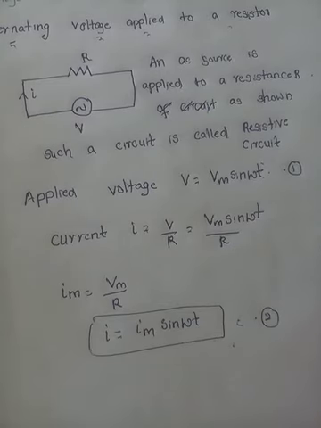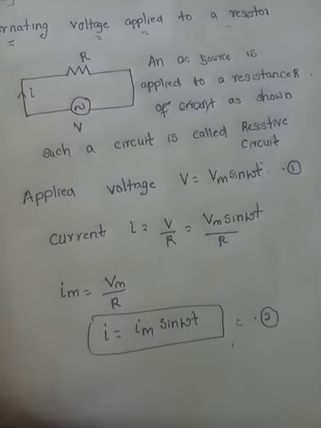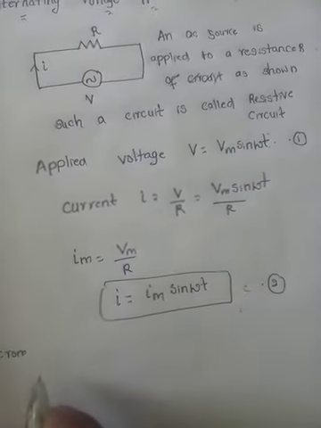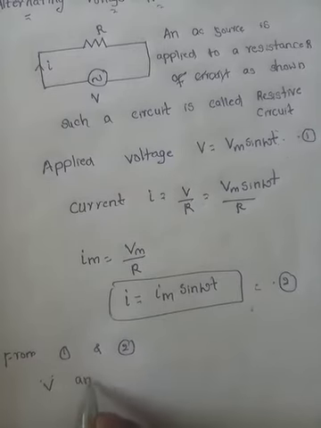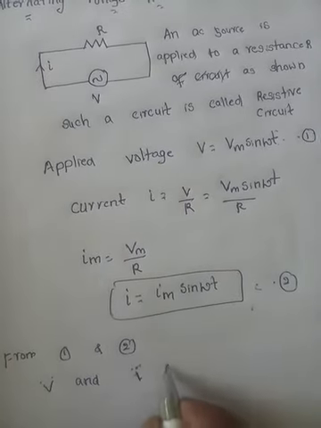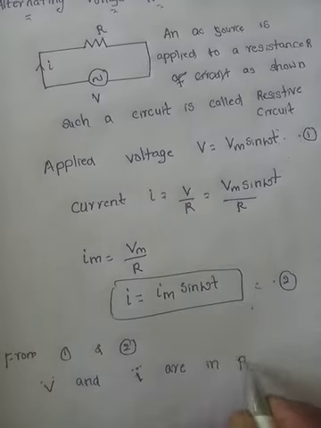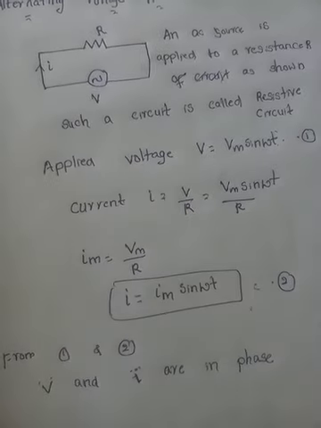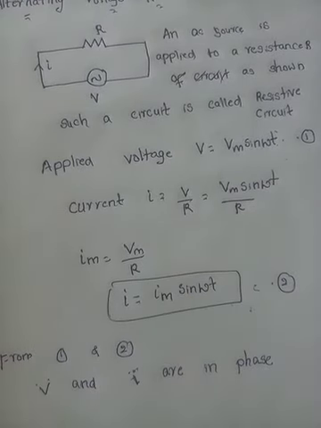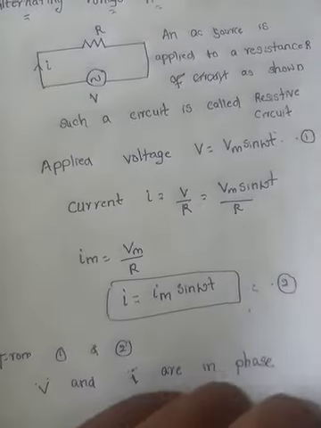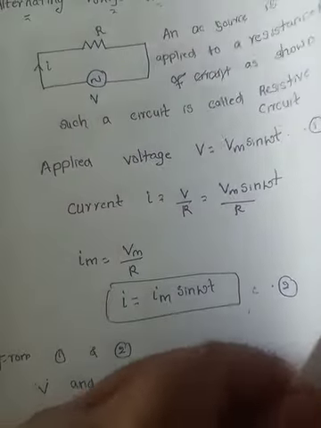No. So, from 1 and 2, we can clearly say that voltage and current I are in phase, meaning the phase angle between voltage and current in a resistive circuit is 0.